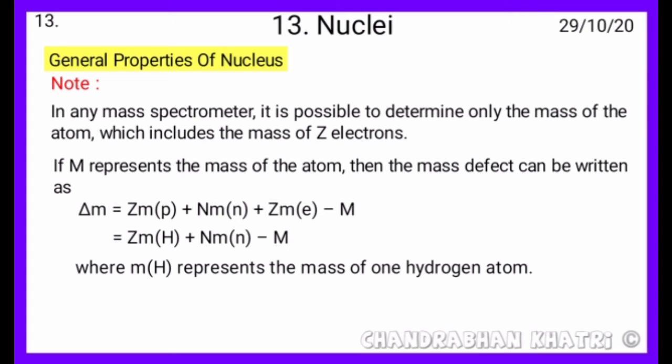If capital M represents the mass of the atom, then the mass defect can be written as delta m is equal to Z into Mp plus N into Mn plus Z into Me minus capital M, or can be written as delta m is equal to Z MH plus N into Mn minus capital M, where MH represents the mass of one hydrogen atom.